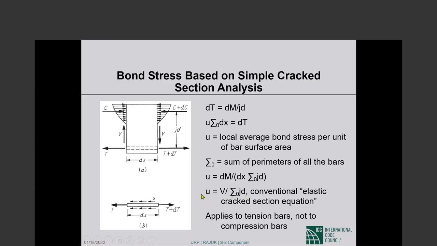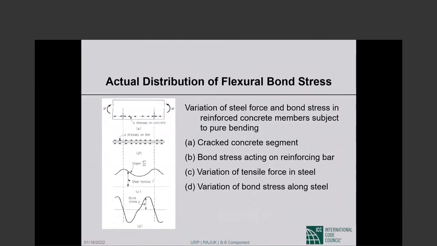It's a long time ago. So lowercase u, the bond stress, is the shear divided by sigma sub 0, the total perimeter of the bars, and jd, the lever arm. This equation applies to tension bars, not to compression bars. That should be obvious.